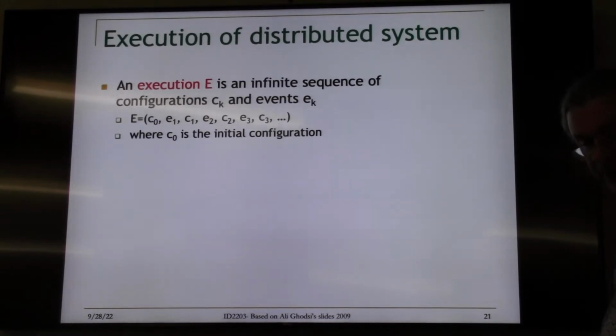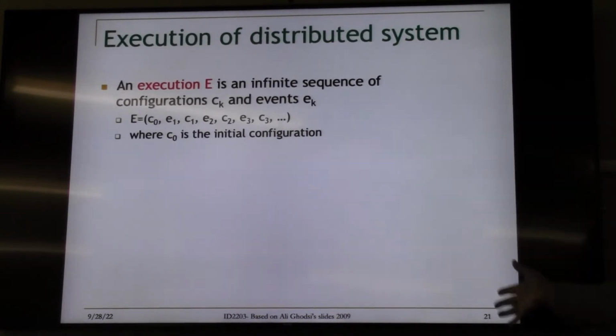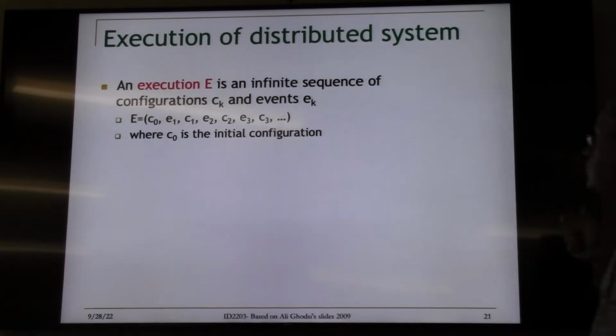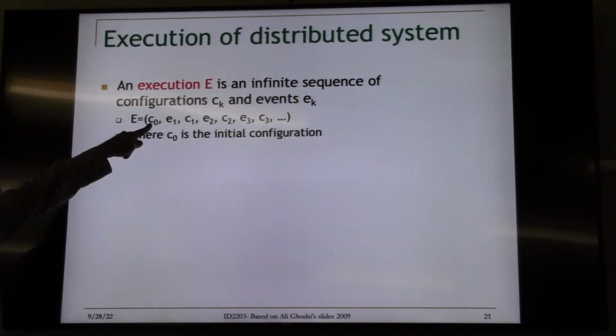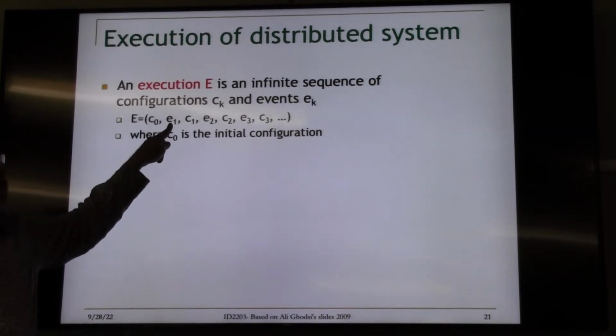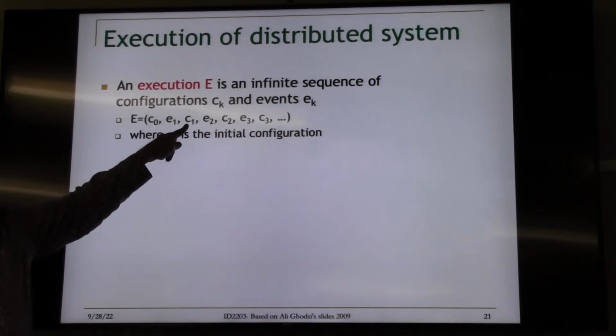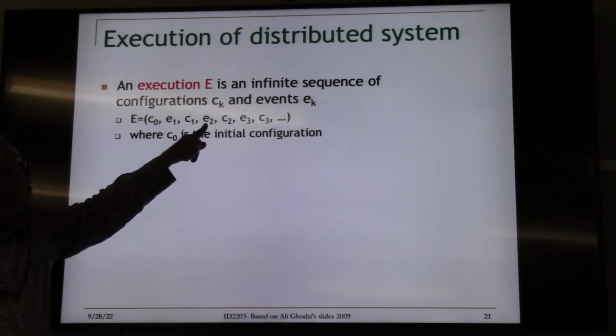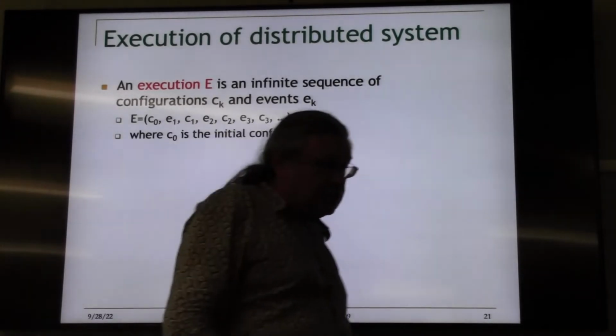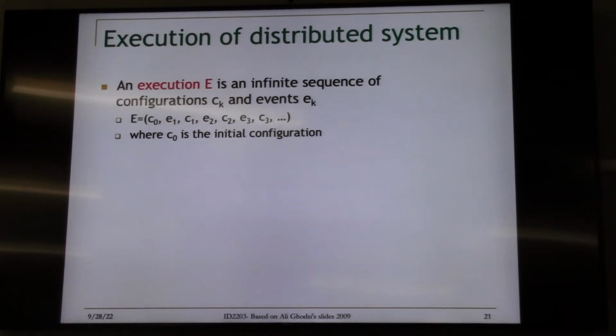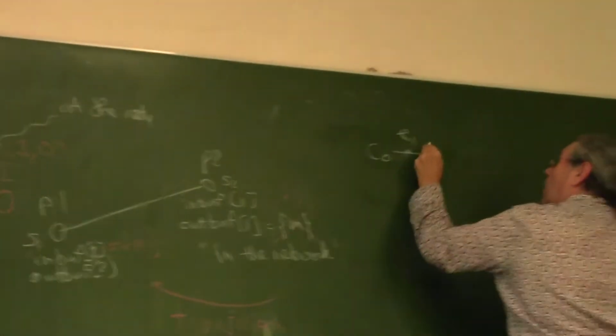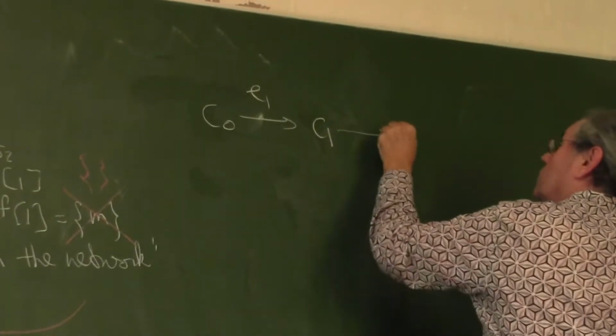And it's completely modeled. So the whole system is executing, and it starts in configuration C0, and it does an event, which is either comp or del, goes into C1, it does another event, goes into C2, and so on. So that's the execution of the whole system. Another way of writing that, which I will often do, is the following. It's just a different notation. You start with C0, you have E1, go into C1, then E2.